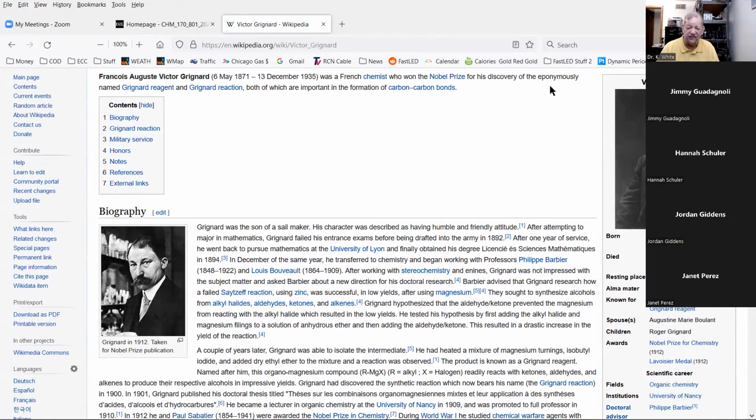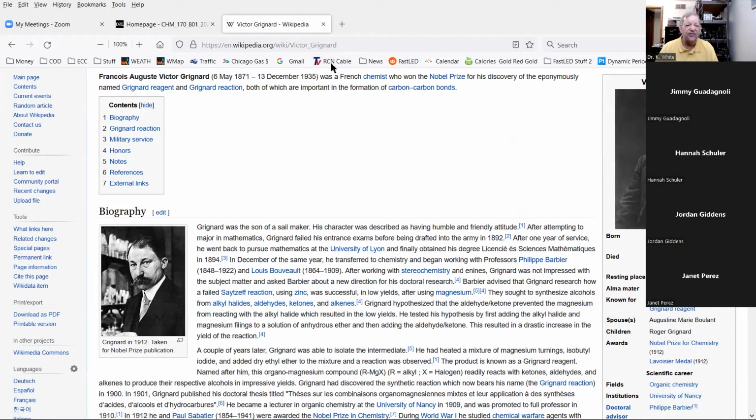And here's a picture from Wikipedia of Dr. Grignard. He won a Nobel Prize for his Grignard reagent and for using that reagent in what's called the Grignard reaction, named after him. And he died at, wow, a young age, in 1935. And he was French, obviously.